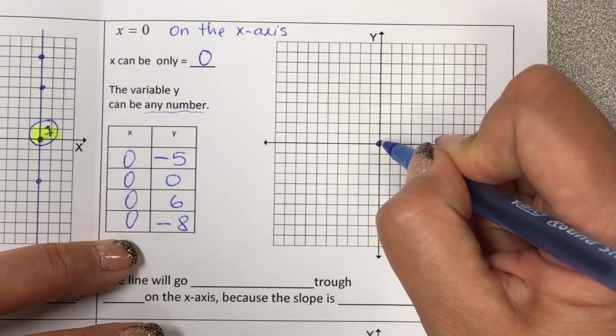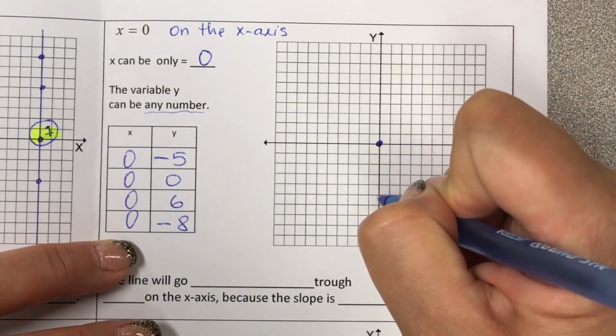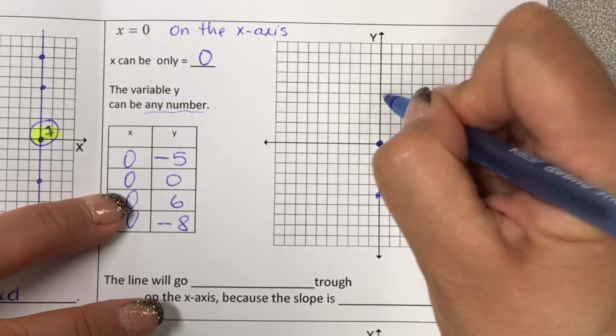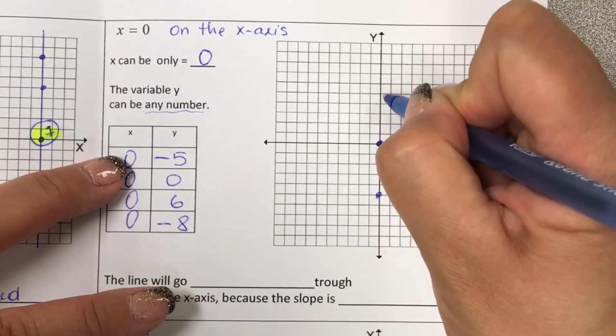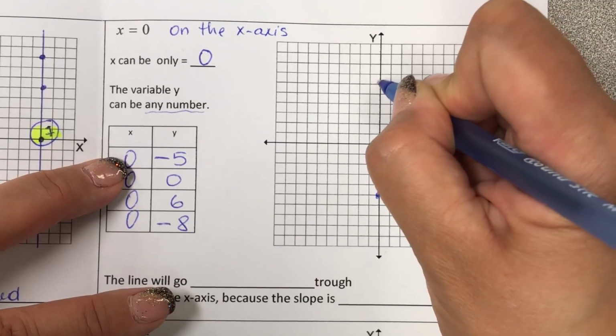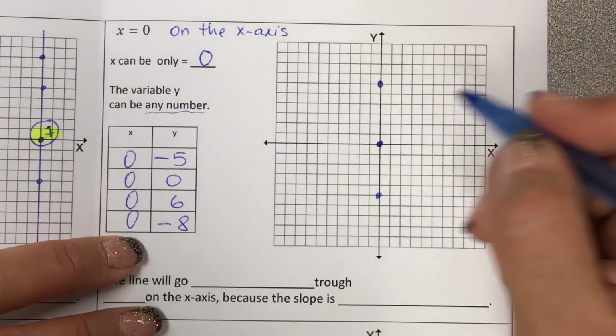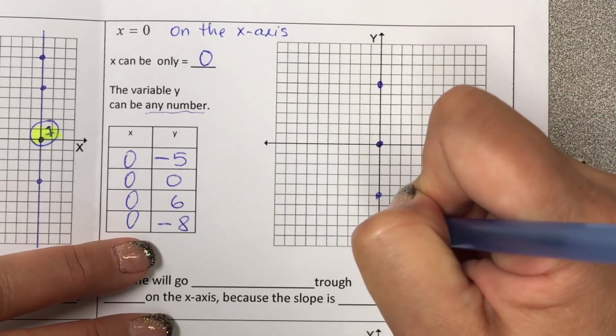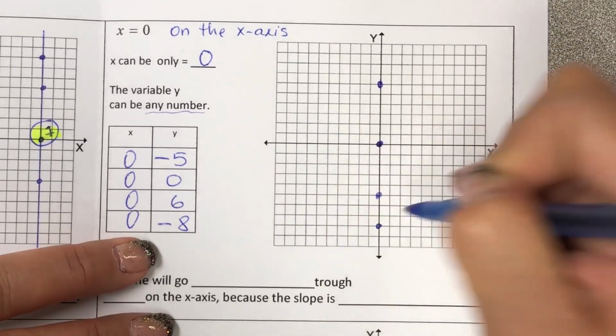0, negative 5, so x 0, y negative 5. 0, 0. 0, 6, x 0, y 6. And 0, negative 8, x 0, stay, and then go y, down negative 8.